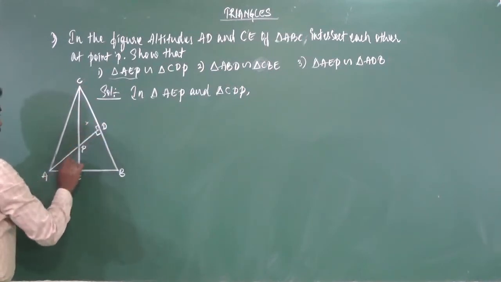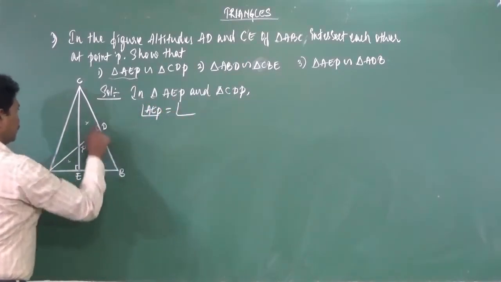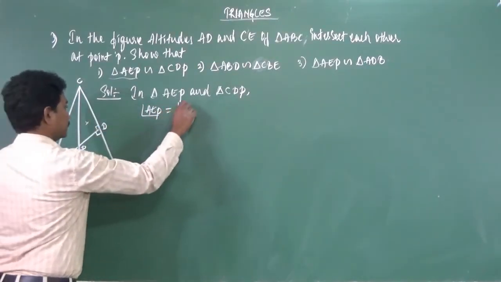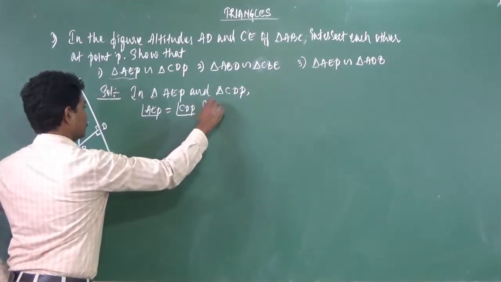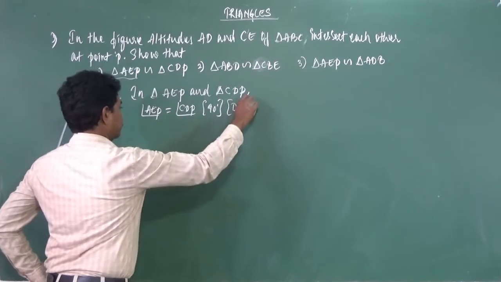Both are equal to 90 degrees. So angle AEP is equal to angle CDP. Both are equal to 90 degrees according to the data.